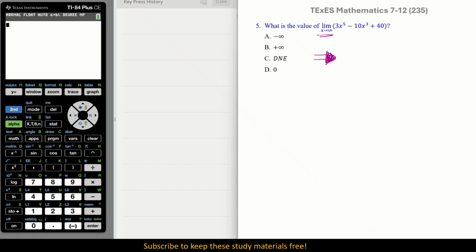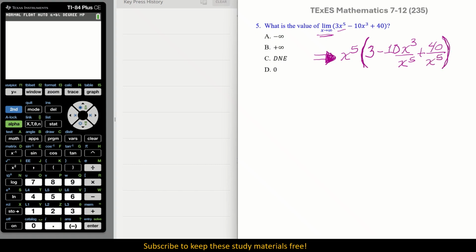Well, let's factor out this leading term of x to the 5th. So what do we have left behind? We have 3 minus 10x to the 3rd over x to the 5th plus 40 over x to the 5th.